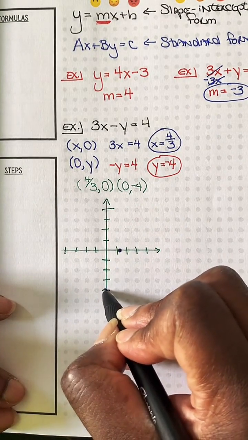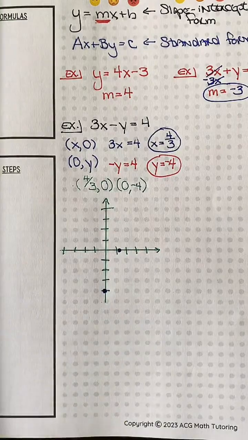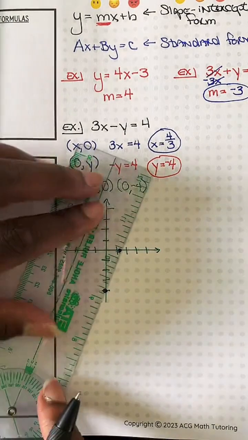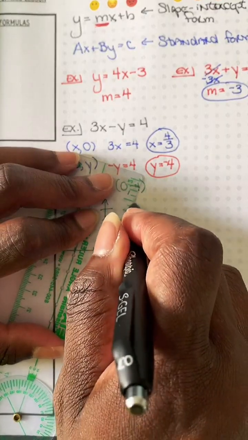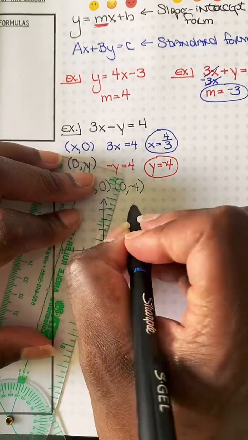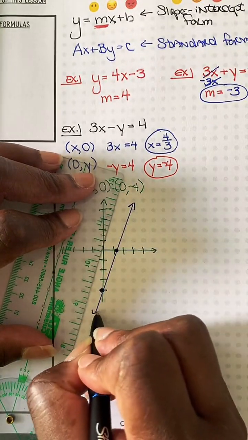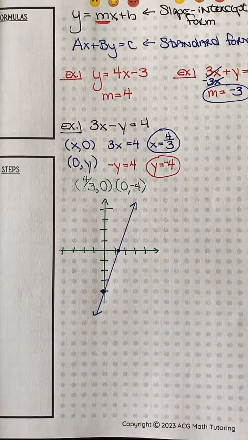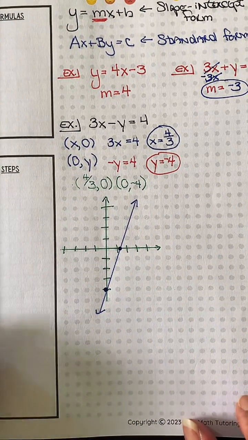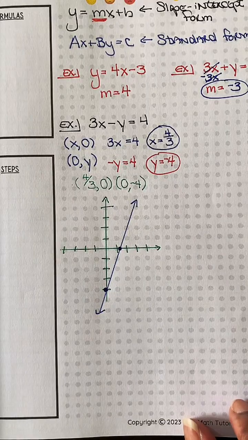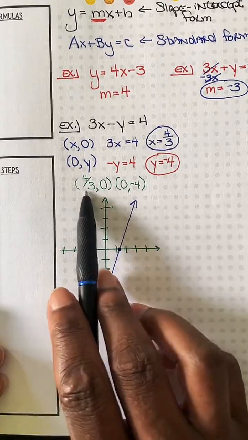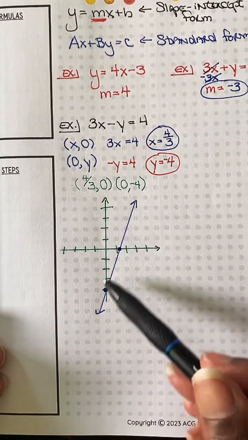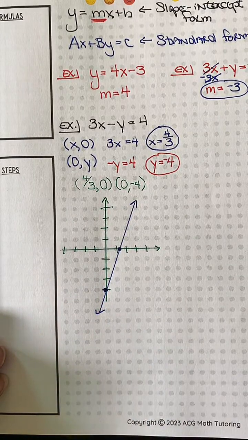I put my point and then draw the line. So that's using the intercepts. All you have to do is plot your 2 points and then draw your graph. That's one way of doing it.